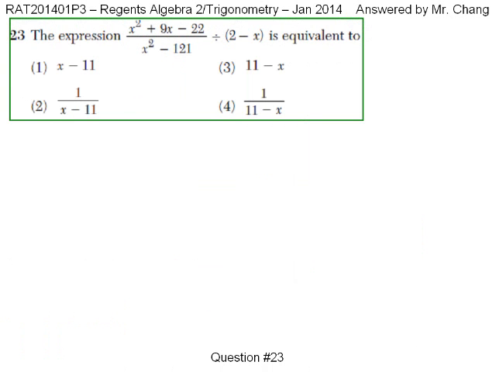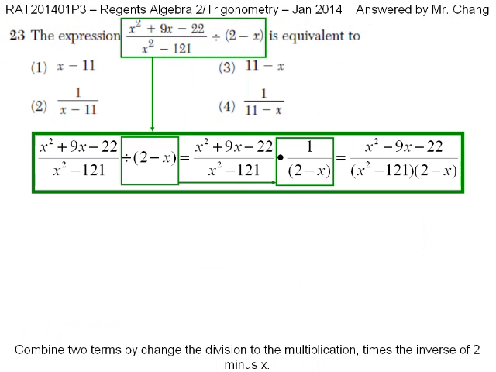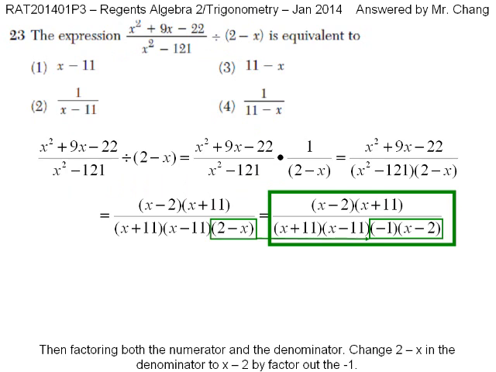Question number 23. Combine the two terms by changing the division to multiplication times the inverse. Then factor both the numerator and the denominator. Change 2 minus x in the denominator to x minus 2 by factoring out the negative 1.